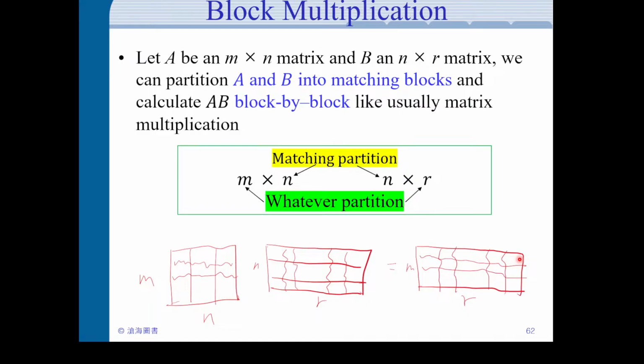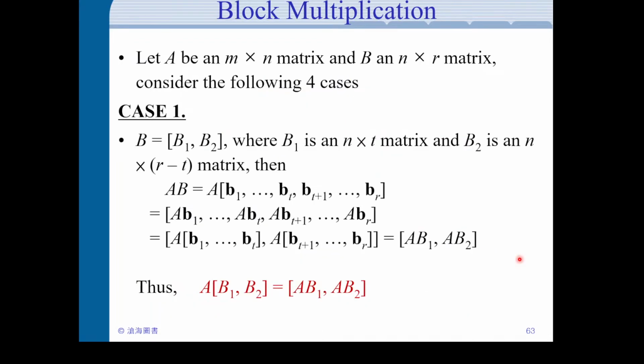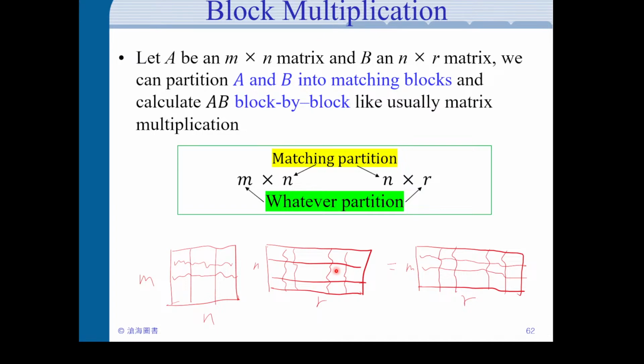Okay, and yeah, so we see more examples. Now this is a more abstract example. We can partition B on its column dimension, partition B into some B1, B2, and then AB will be AB1 and AB2. And I guess now here are generalizations.